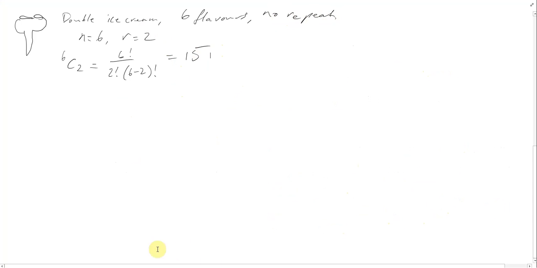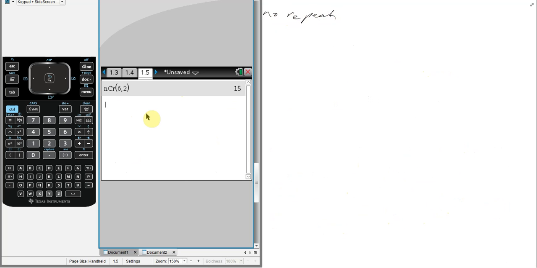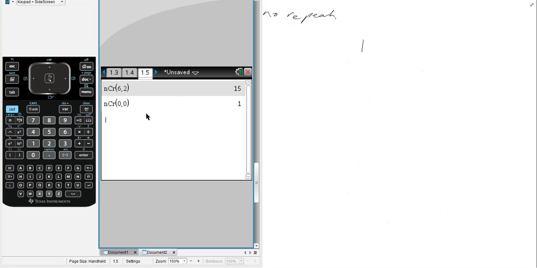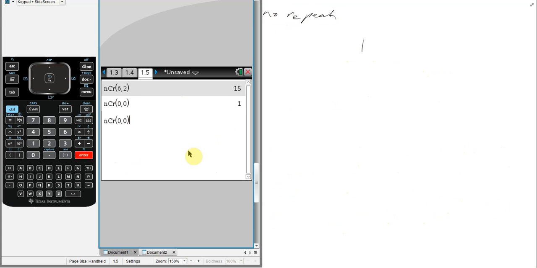Now, let's do a few extra combinations on the CAS calculator, and you'll start seeing a bit of a pattern. So what if we had 0 objects, arranged in 0 positions? Then we have 1 possible way. So let me just write that down. 1. Okay, interesting. Next up, what if we had 1 object arranged in 0 positions?